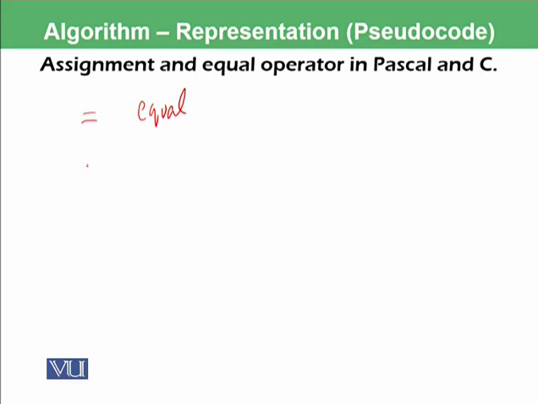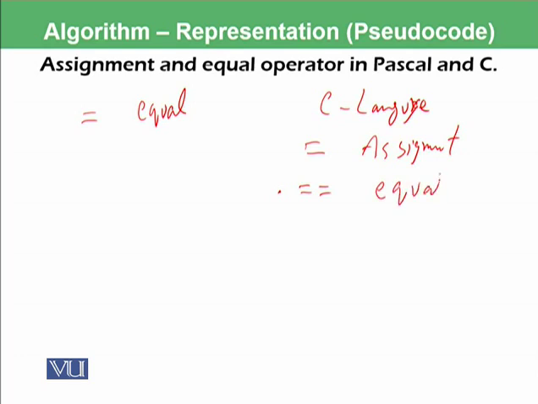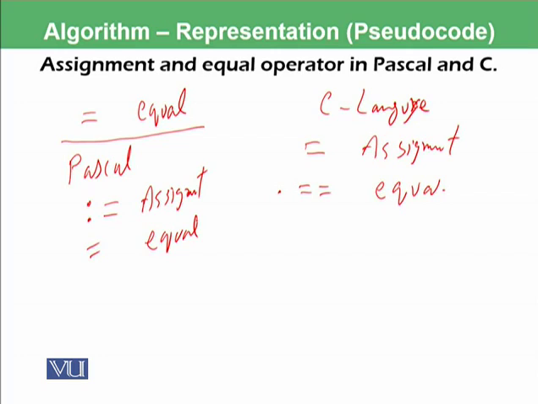and there are different languages which treat this differently. Like in C language, this is assignment, and to represent equal, C language uses double equal. However, there is another language known as Pascal which has colon equal, and this is called assignment, and equal is actually equal like we have in mathematics.